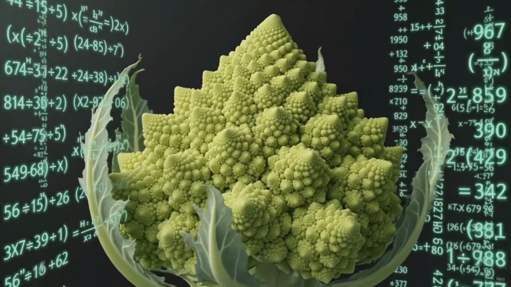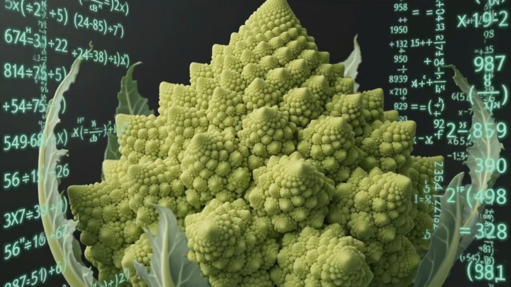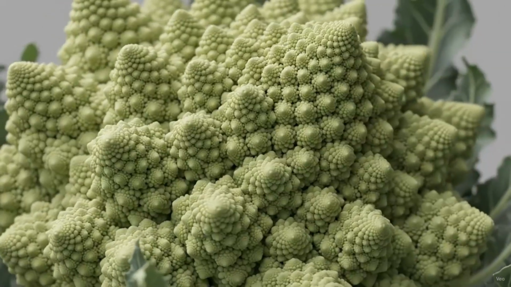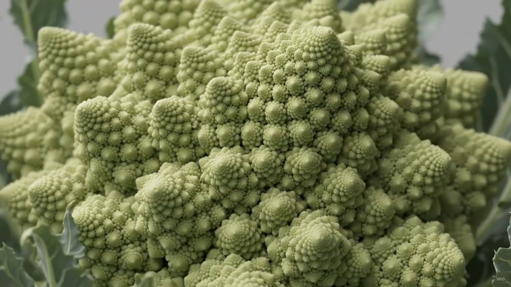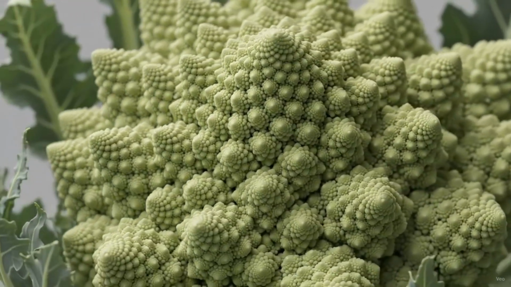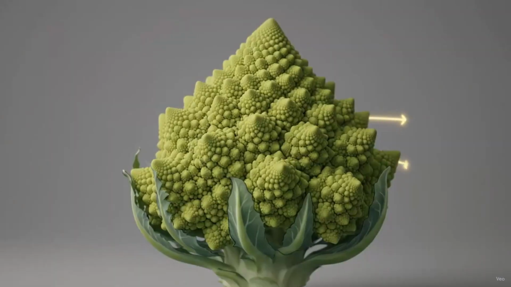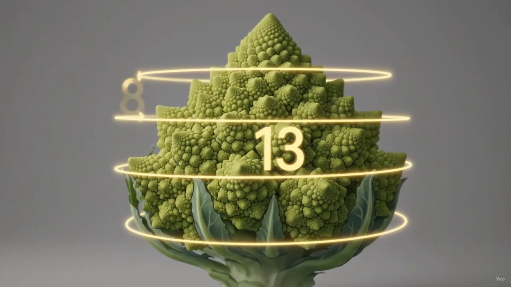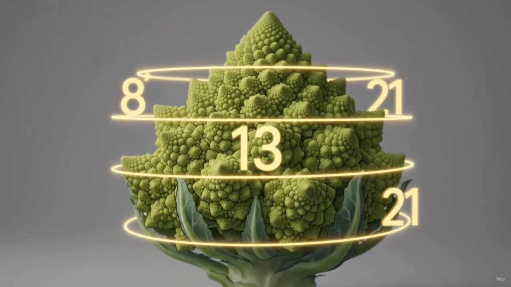Pay close attention to the structural equation currently displayed on your screen. The formation of these spiraling buds is not random or chaotic. It is dictated by a recursive loop of consecutive Fibonacci numbers.